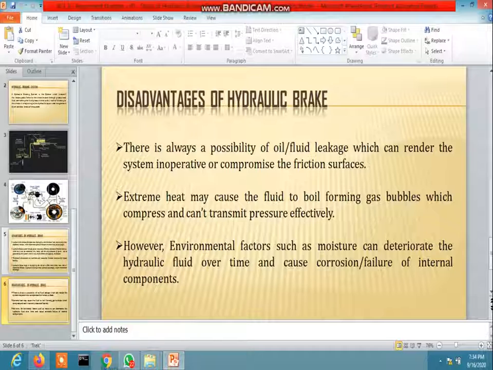The internal character of the hydraulic fluid goes down. So it is essential to maintain the preservation of the liquid system.